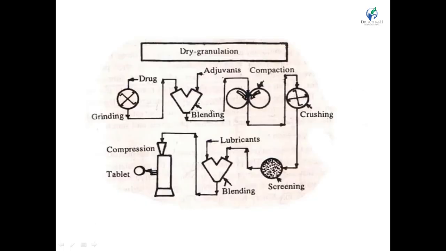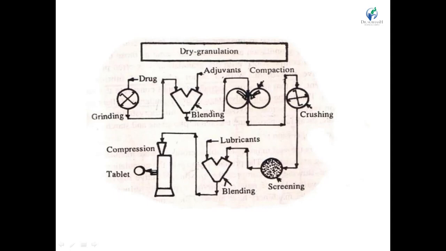This is the flow chart of the dry granulation technique. In the first step, the drug is ground. After grinding, the drug and excipients are mixed with the help of a mixer. In the next step, the drug excipient mixture is compressed with the help of a compaction roller.